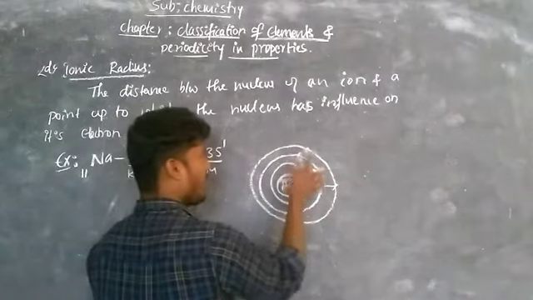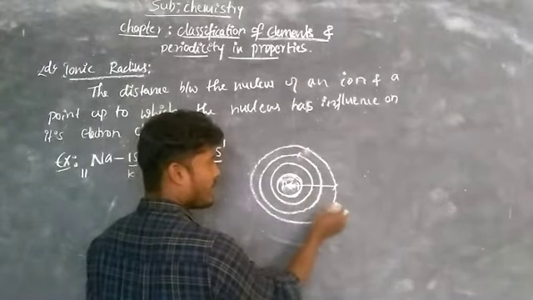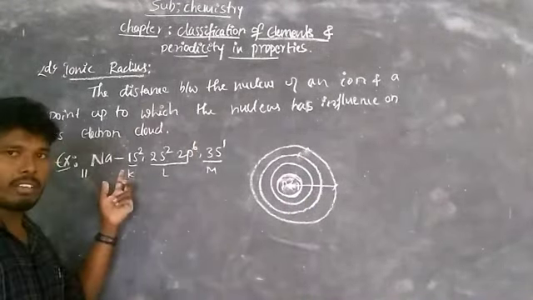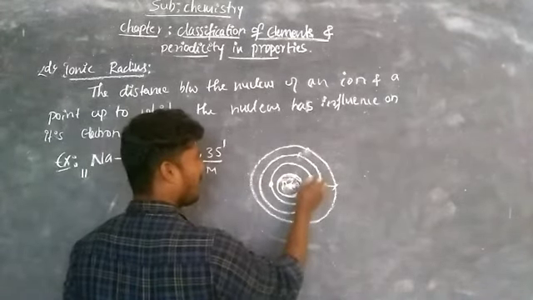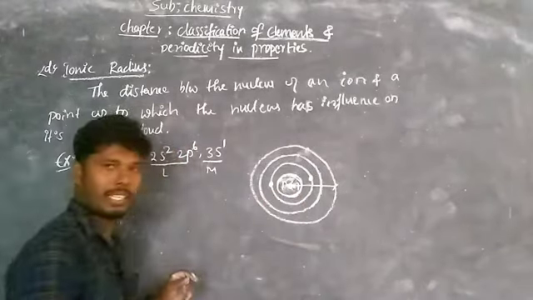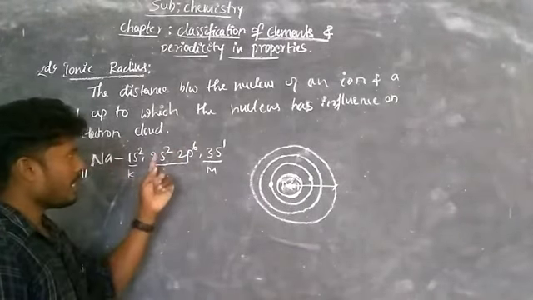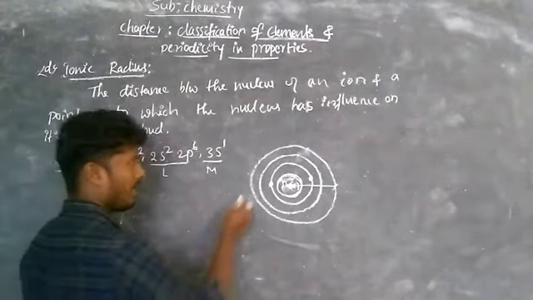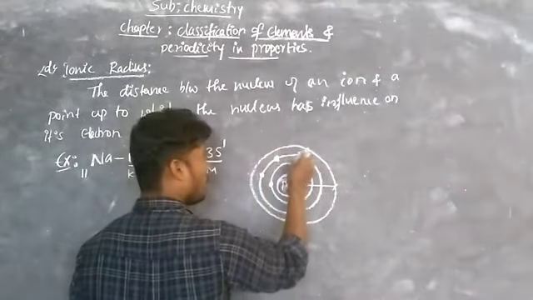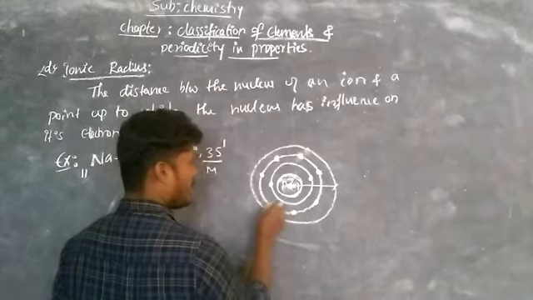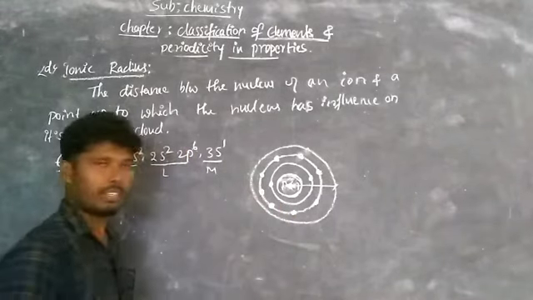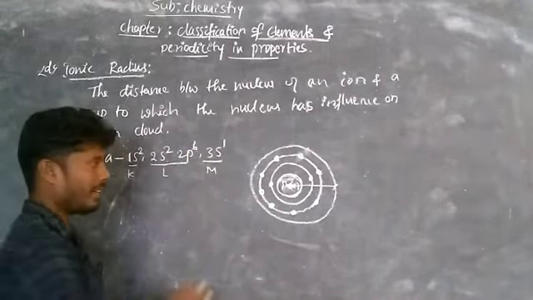So the first shell is the K shell, then the L shell, then the M shell. The K shell has 2 electrons. Now the L shell has 6 plus 2, 8 electrons. Consider 8 electrons.